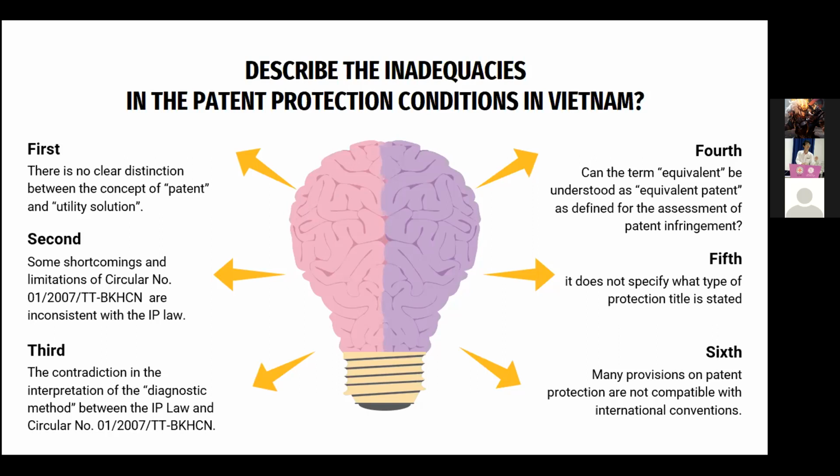However, in the application process, some shortcomings and limitations have appeared that are inconsistent with the Intellectual Property Law. For example, in clause 1, Article 23 on the revision on invention description, the patent application must show the object to register in the requirement.